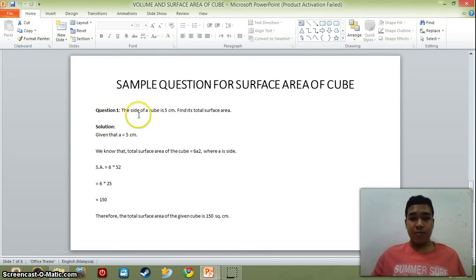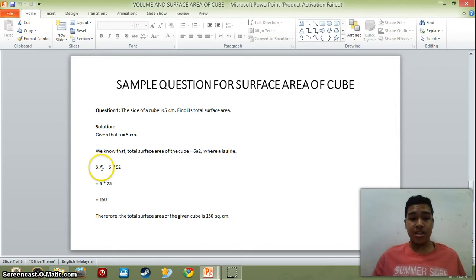Sample question for the surface area of a cube: the side of a cube is 5 cm, find the total surface area. Given that a is equal to 5 cm, we know that the total surface area of the cube is 6a squared, where a is the side.